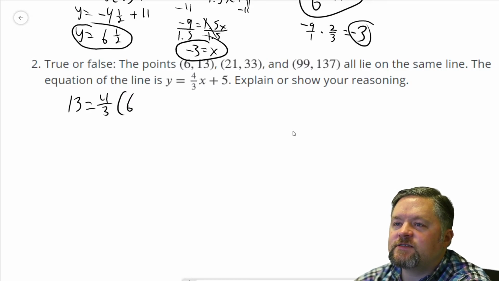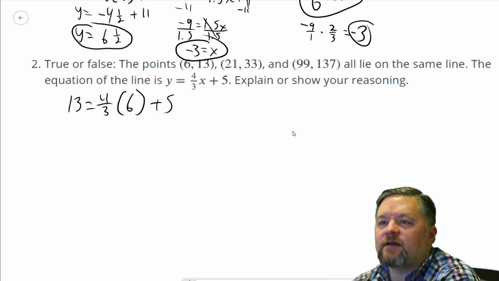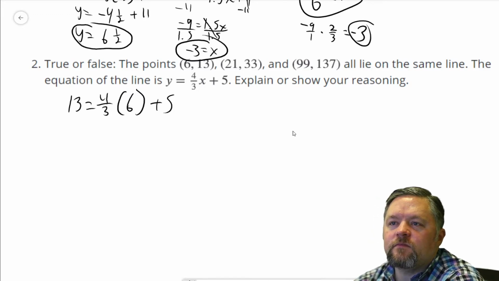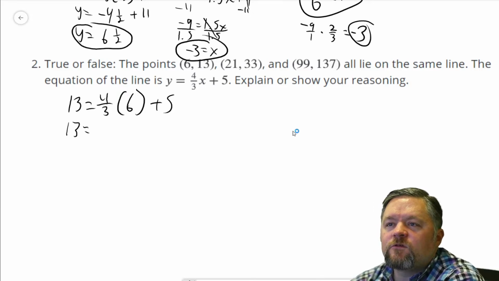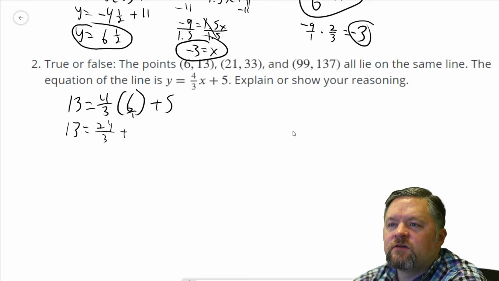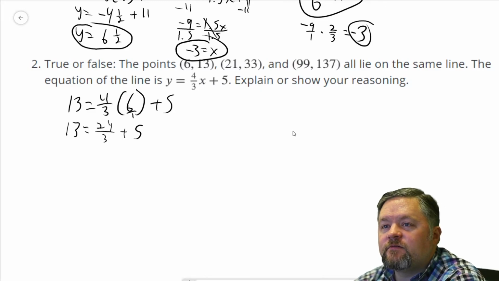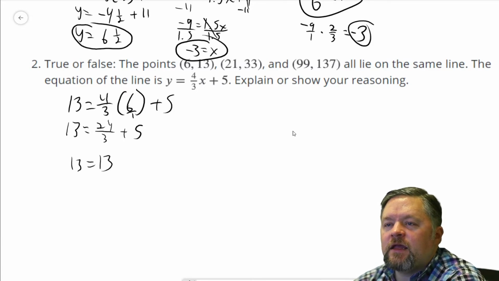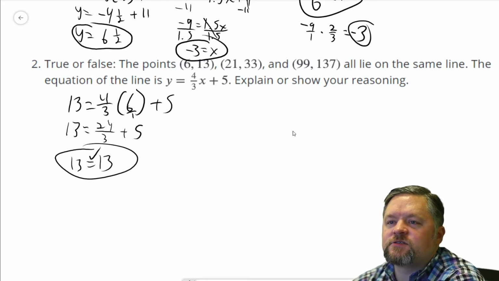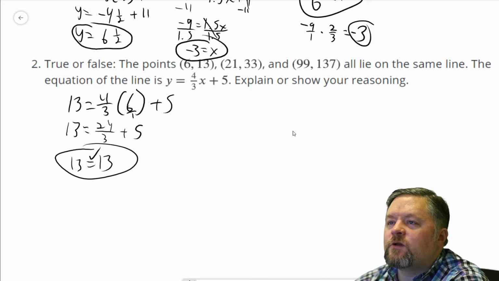The x value of that is 6 plus 5. 13 equals 4/3 times 6 over 1. 4 times 6 is 24 over 3 plus 5. 24 divided by 3 is 8. Plus 5. 8 plus 5 is 13. That one works.